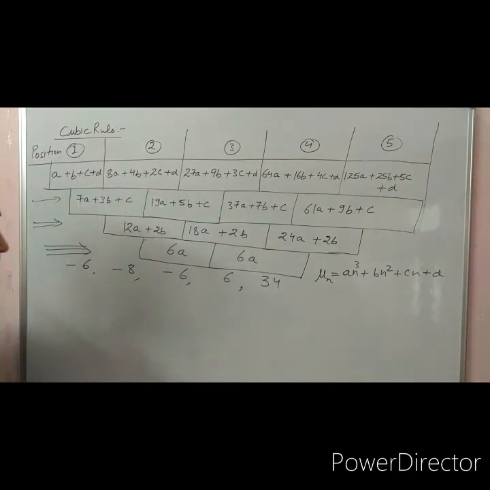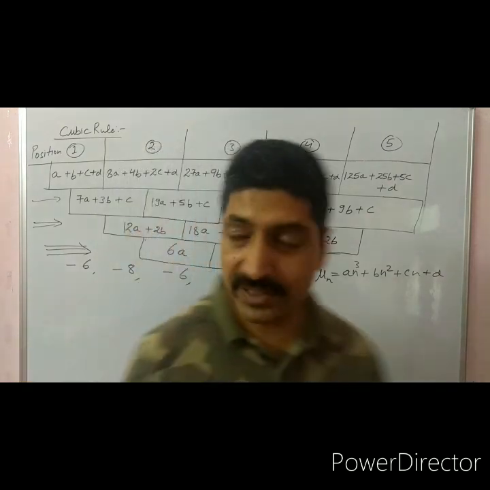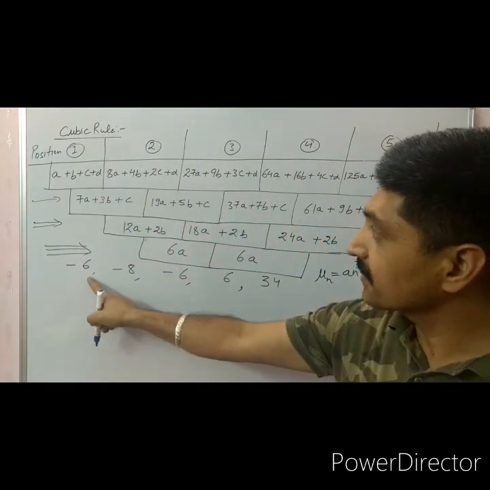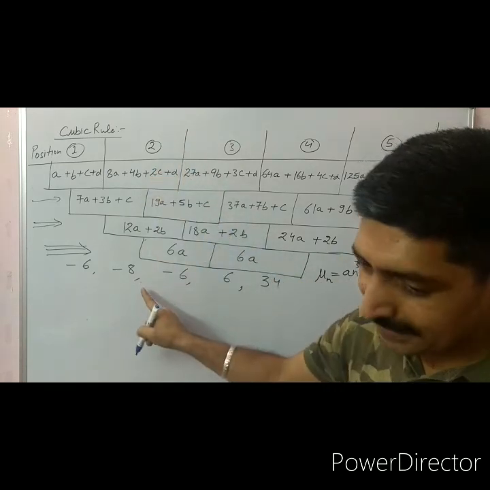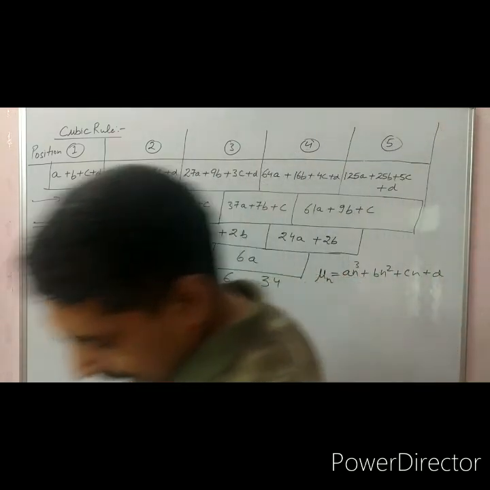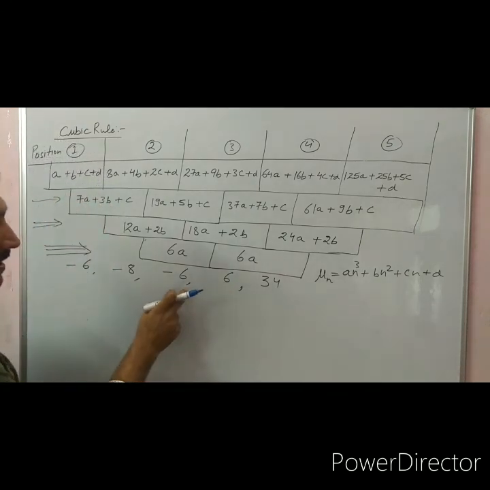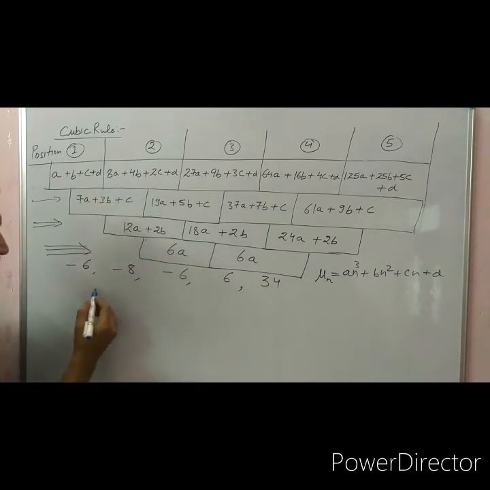So here we will go ahead with the first term, which is minus 6, second term minus 8, and here the third term is minus 6, and so on. So here the first difference we have is minus 2.